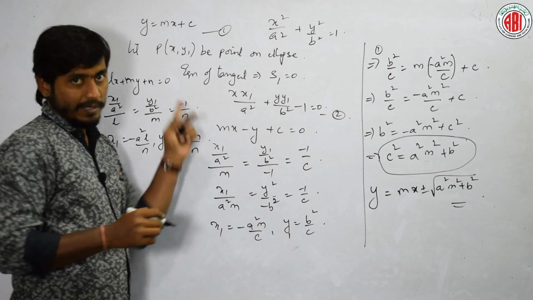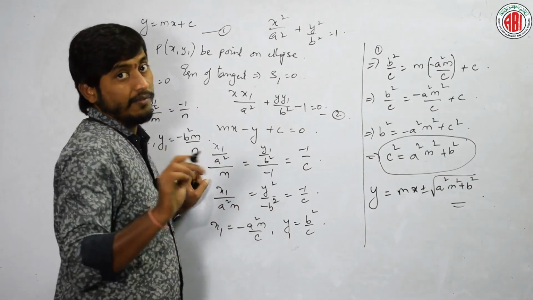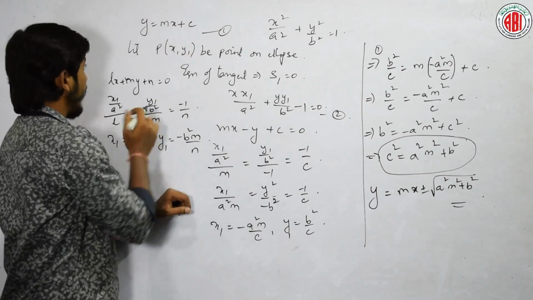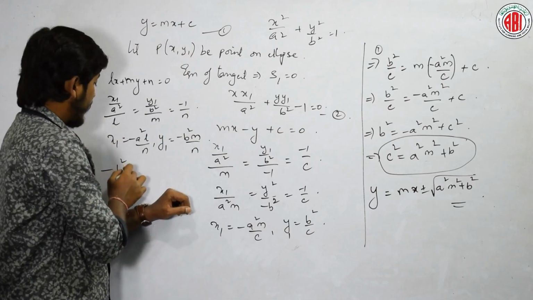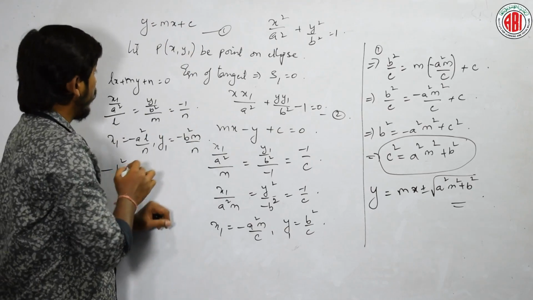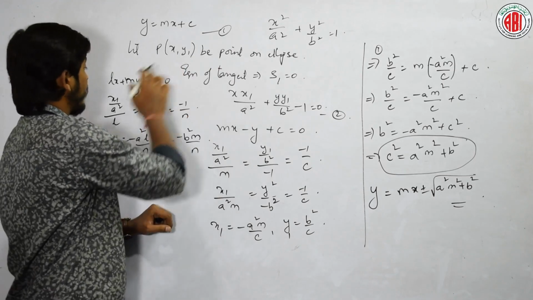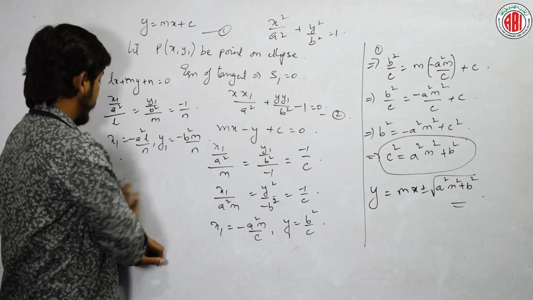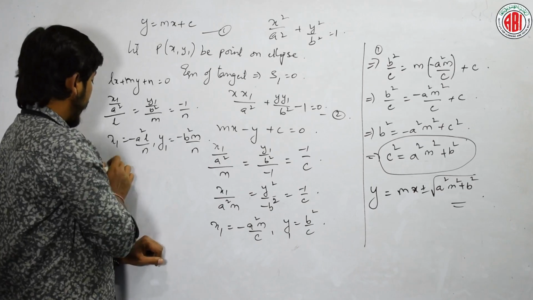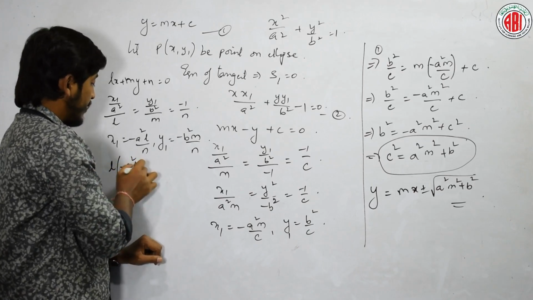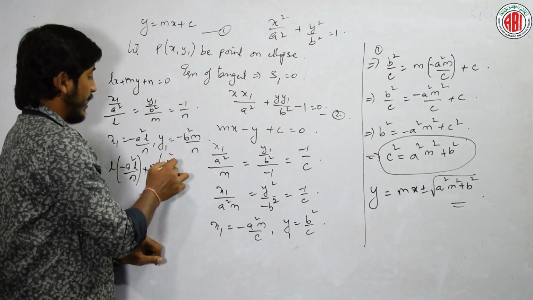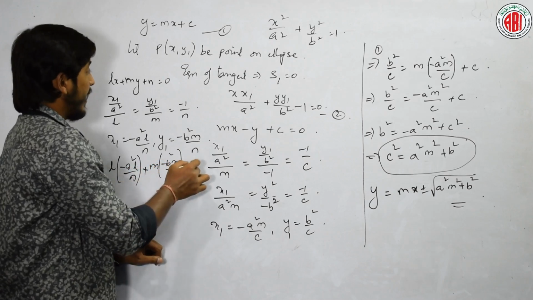What is m here? m is the coefficient of y, do not get confused here. So, we have to substitute these both in this equation. What do I get? We have to substitute in lx plus my plus n: l into minus a square l by n, plus m into minus b square m by n, plus n equal to 0.